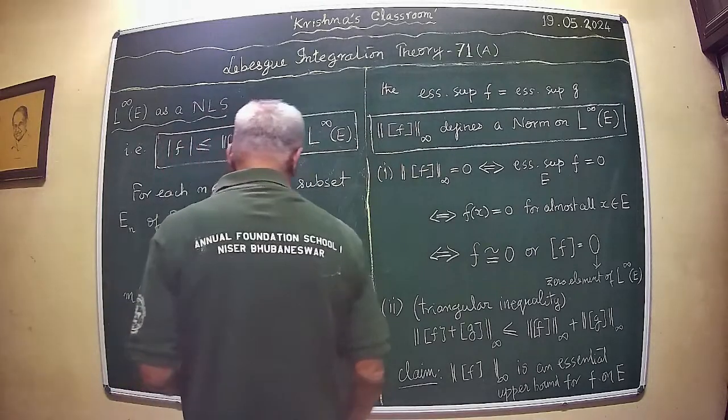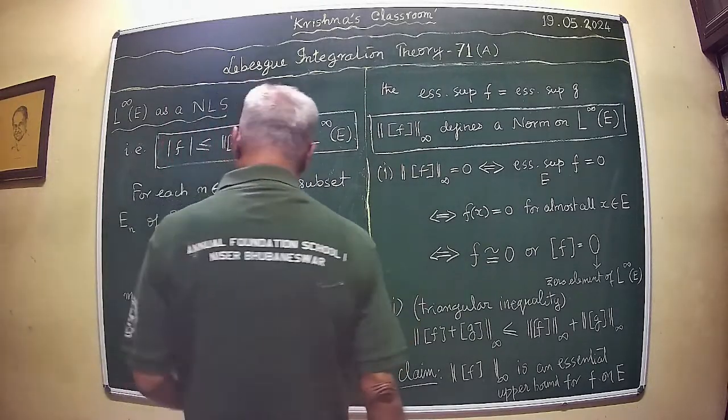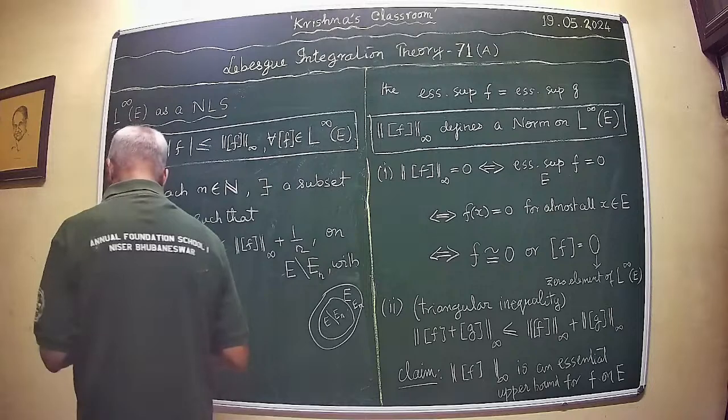Now one can easily see the relationship between En and En plus 1, and so on.